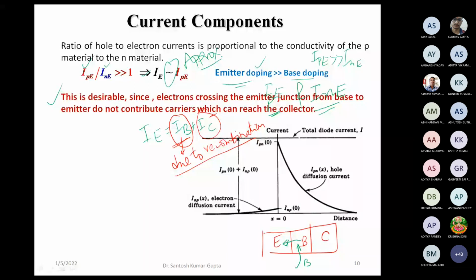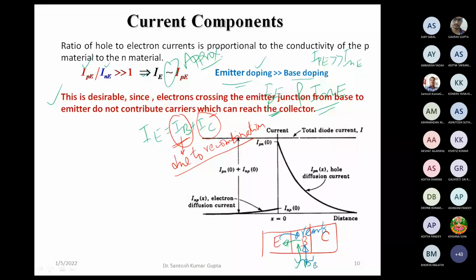And some carriers which were injected from the emitter into the base recombine. To compensate for these recombined carriers, one has to supply carriers from the base terminal.